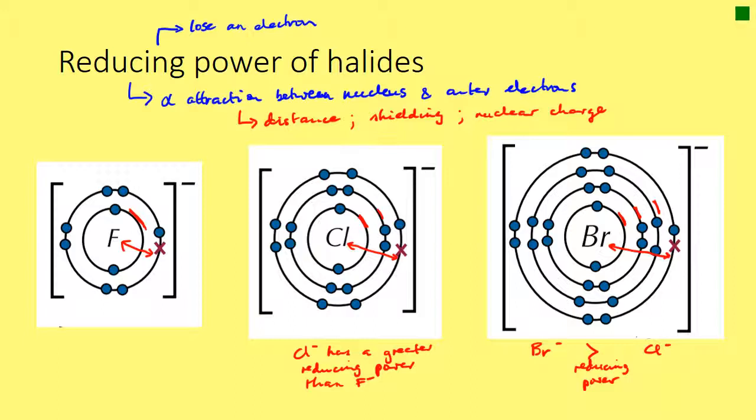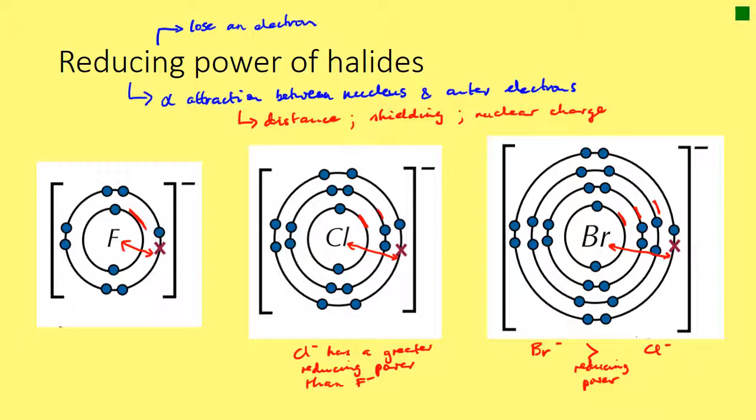With fluoride, the distance between the nucleus, let's say the nucleus is the F, and the outer electrons is quite small relative to the other halides. The shielding is quite limited because we've only got this one inner shell to shield the outer electrons from the nucleus.